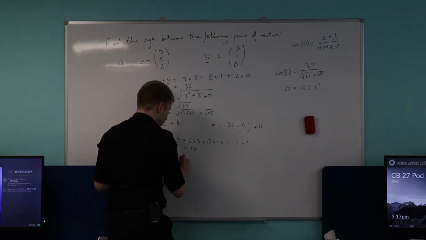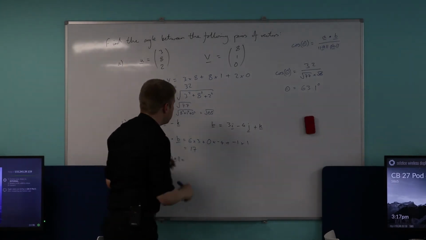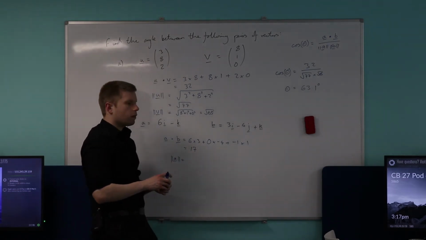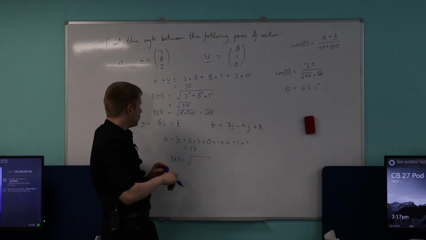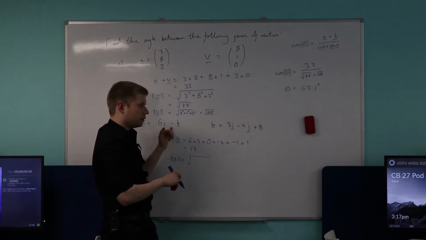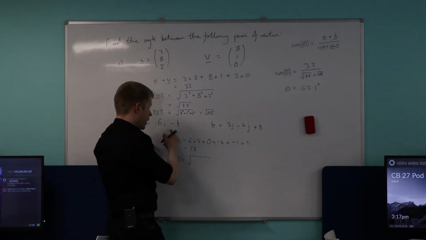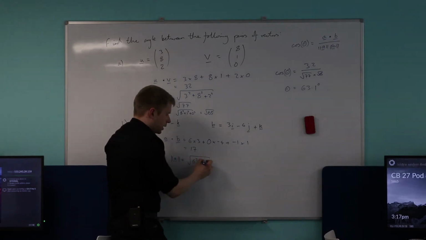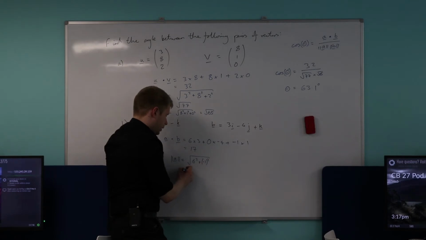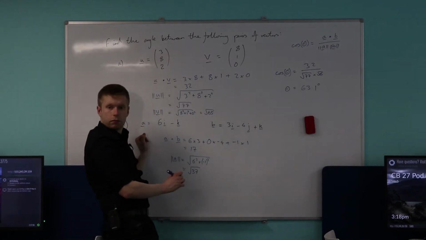Okay, in which case then, how do we calculate the length of a? Can anybody tell me? Good, so what would it be? Square root of? 37. Oh, yeah, so 0 squared plus negative 1 squared, good. So 6 squared plus negative 1 squared is going to make the square root of 37. We all happy?